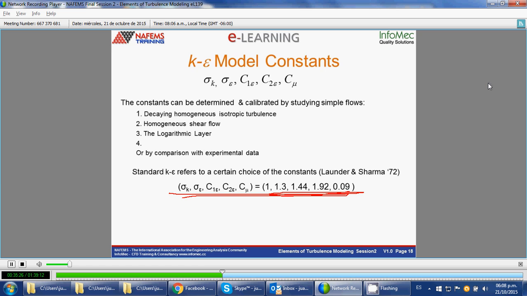So we'll talk about that a little bit. These constants we talked about have been determined and calibrated using simple flows, as I mentioned, flow over a flat plate, step, those kinds of things, and we compare them against experimental results. So the standard K epsilon refers to these values being used.